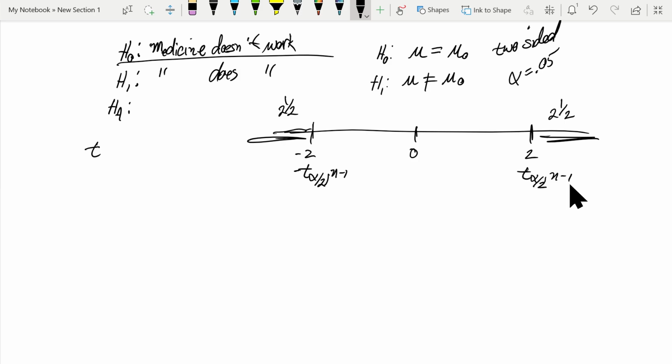And this is just the way they write it for convenience. I've got a cutoff value. This is called the critical value because it cuts off the critical region where my answer falls and I reject the null hypothesis.